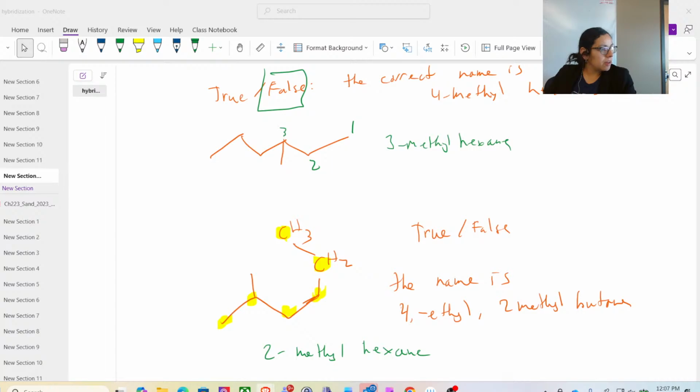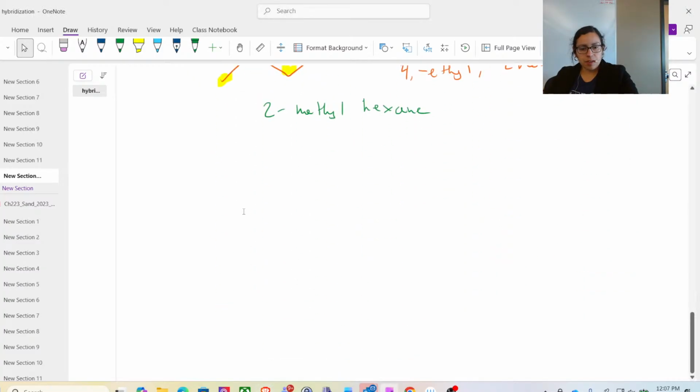All right, let's try a few naming ones. So let's name, oh, that one didn't format very nicely. Okay, I'll just type it. So see if you can name this compound here.